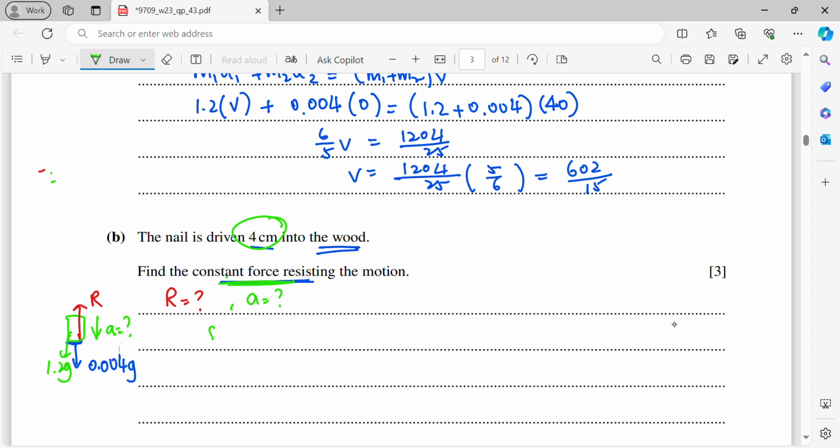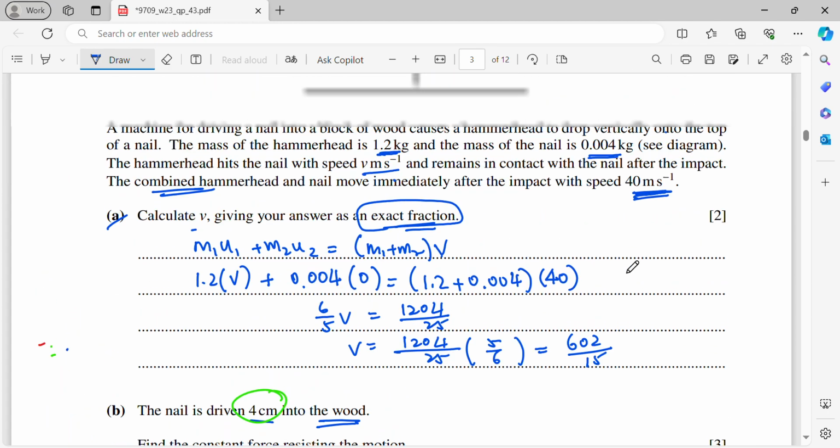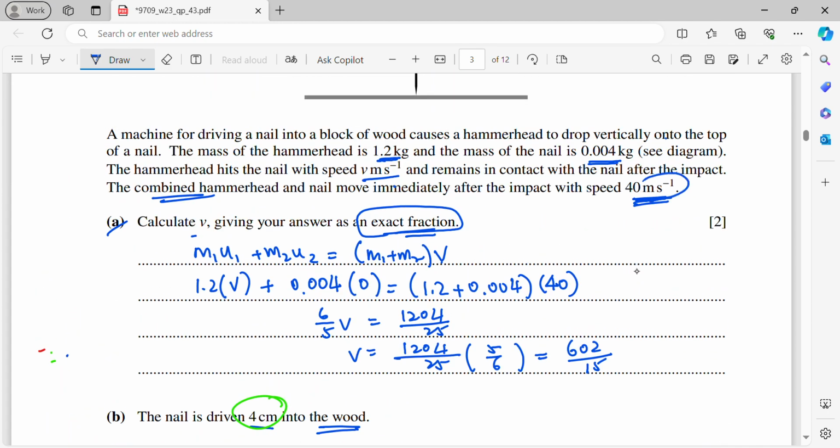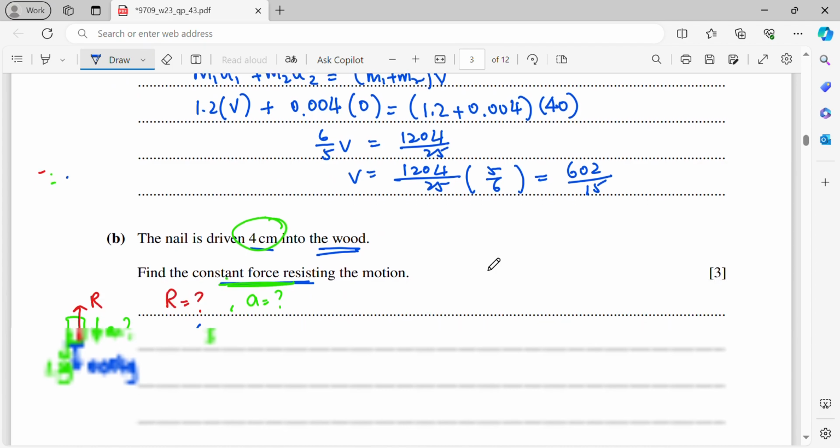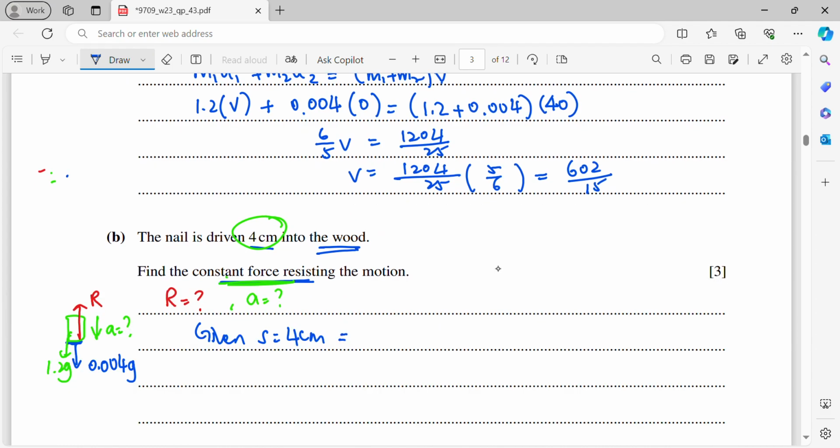So given s equals 4 centimeters, but remember your speed unit is meters per second, so instead of centimeters I need to change to meters. So here it is 4 times 10 to the power negative 2 meters, or you can just write 0.04 meters, because 1 meter equals 100 centimeters.